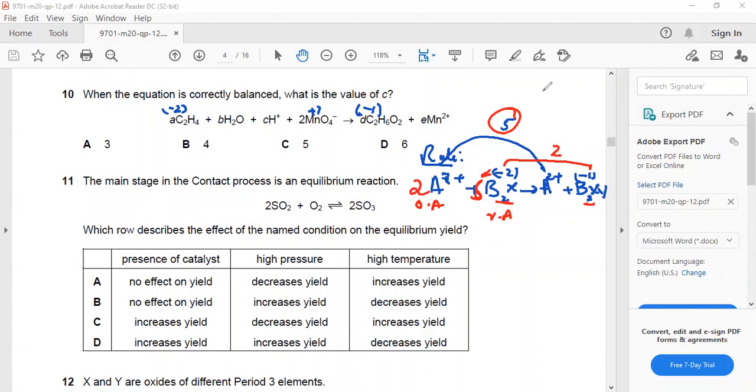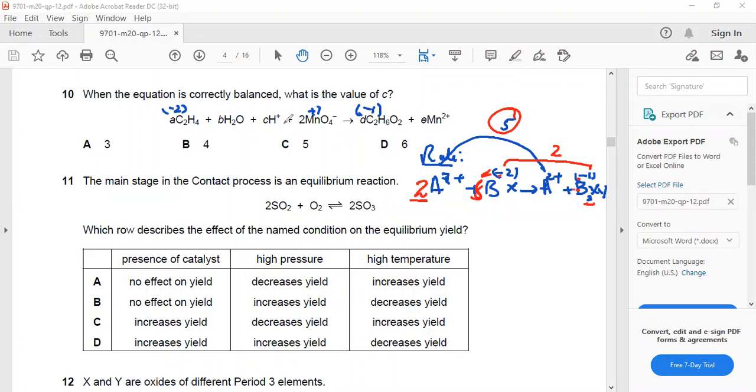Got it? More simply, what is the oxidation number change here? It was 2, right? And if 2 is written here, it means the change in oxidation state from here to here is 2. So look at the question here.